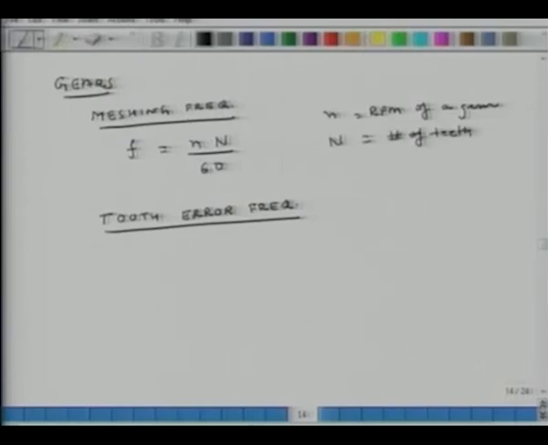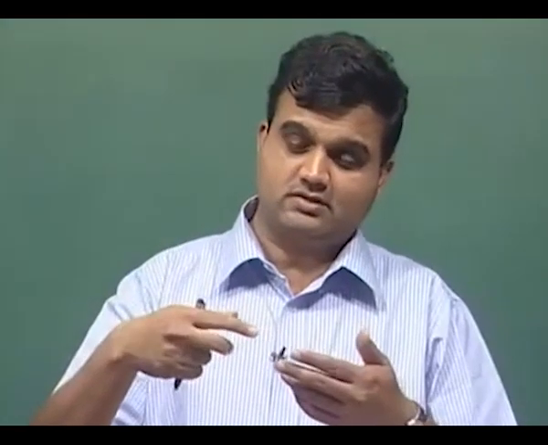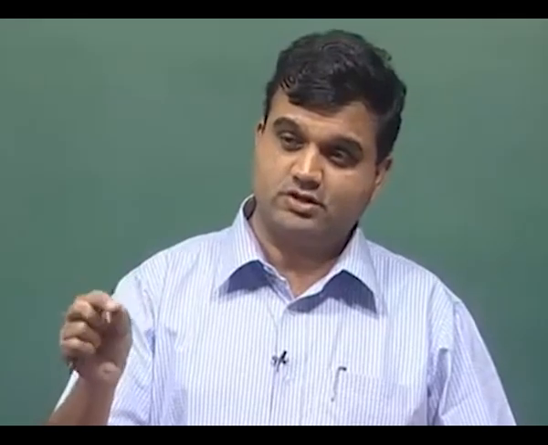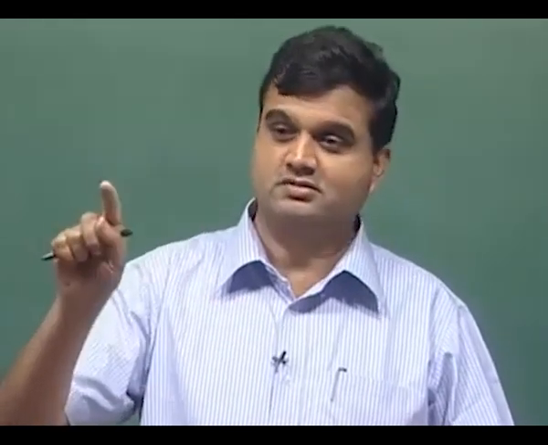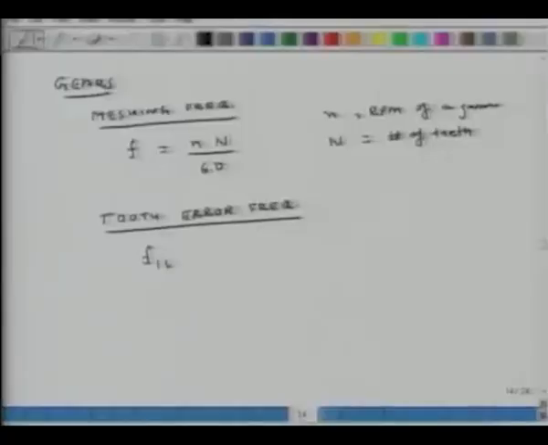Tooth error means suppose you have two mating gears and one particular tooth is broken or damaged, then in every revolution it will come and generate its own signature. We call that F1E, and that is essentially n, N over 60 hertz.